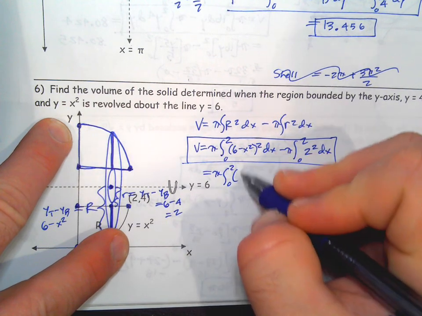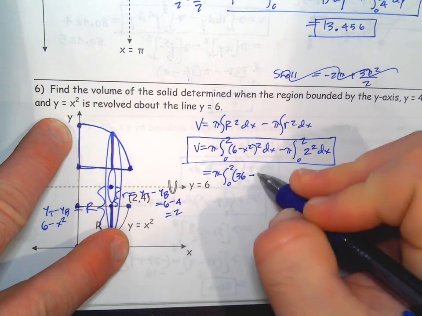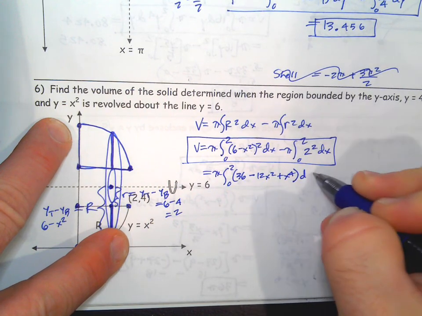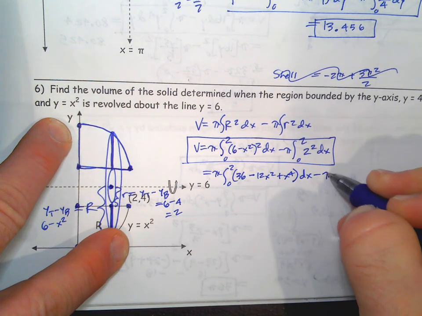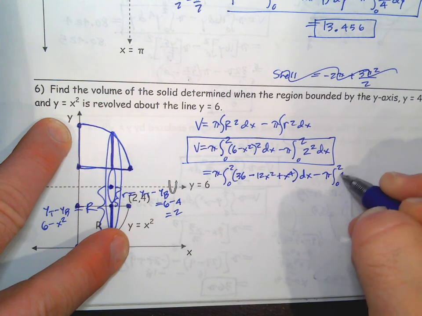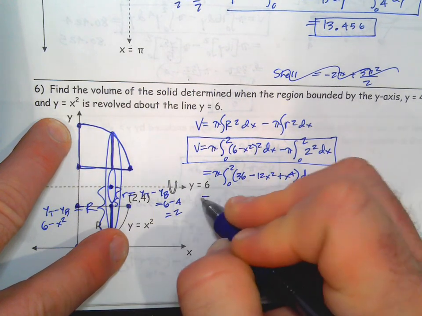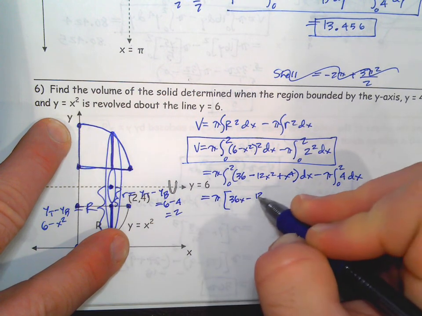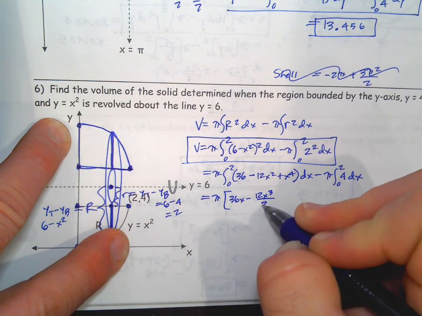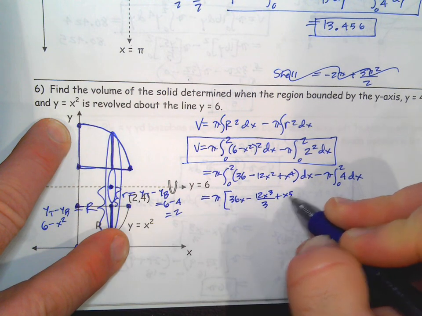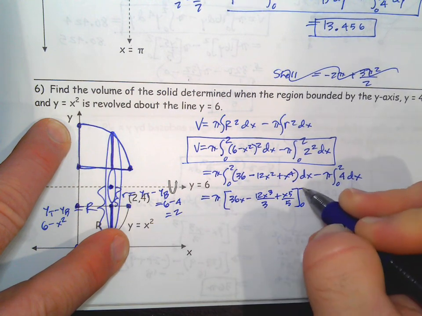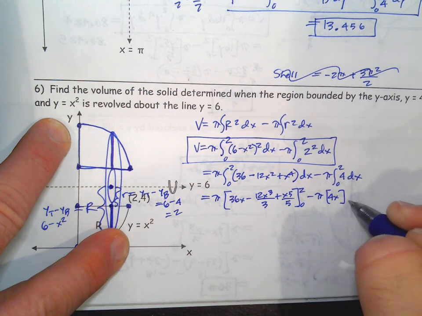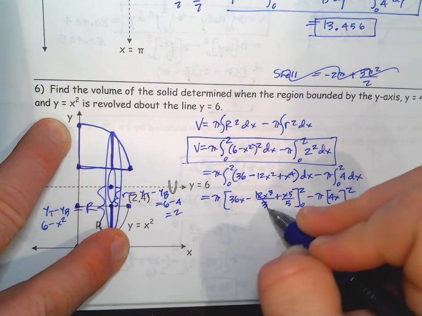If we're going to do it by hand, we're going to want to FOIL this out. 36 minus 12x squared plus x to the 4th dx, minus pi, 0 to 2 of 4 dx. The antiderivative is going to be 36x minus 12x to the 3rd divided by 3 plus x to the 5th over 5, 0 to 2, minus 4x, 0 to 2.